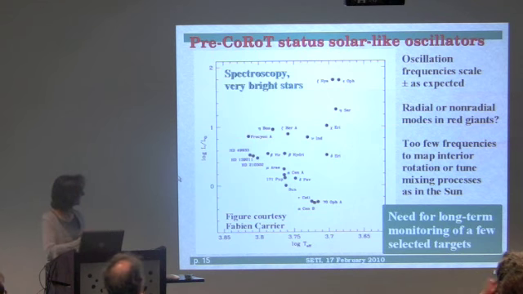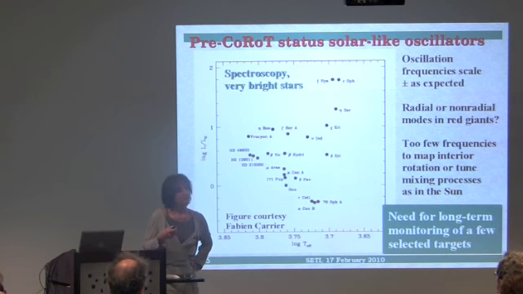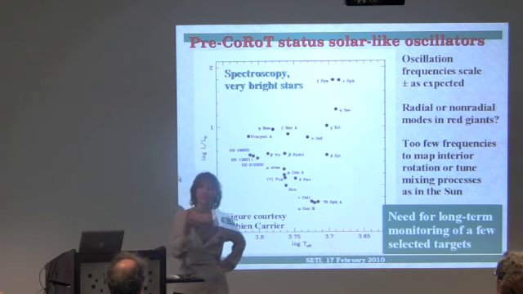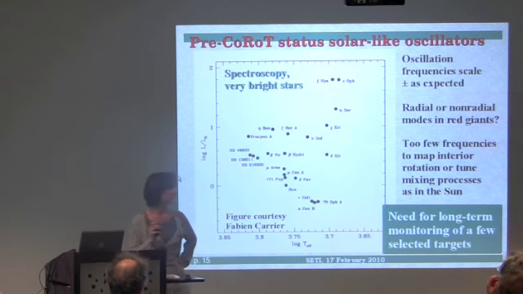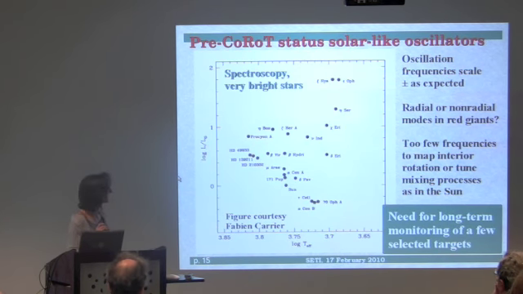But for all of them, we can do the large spacing, and the large spacing gives you the sound speed, as I said. For most of them, we can estimate the small spacing, which gives you a measure of the age, but not very accurately like for the sun, but still. For none of them do we have the internal rotation, except for the sun.